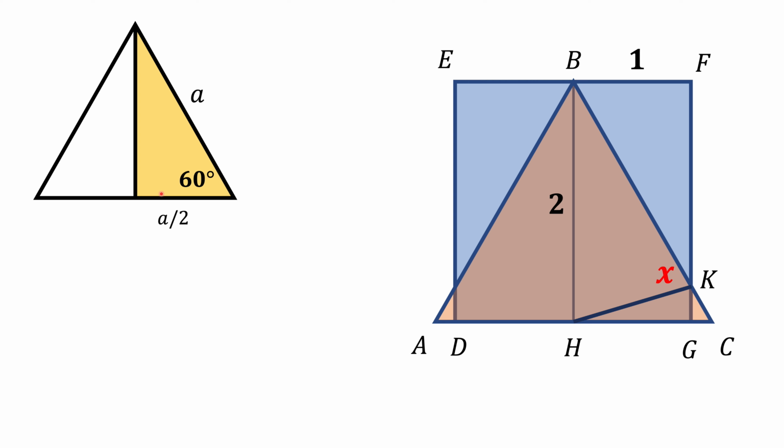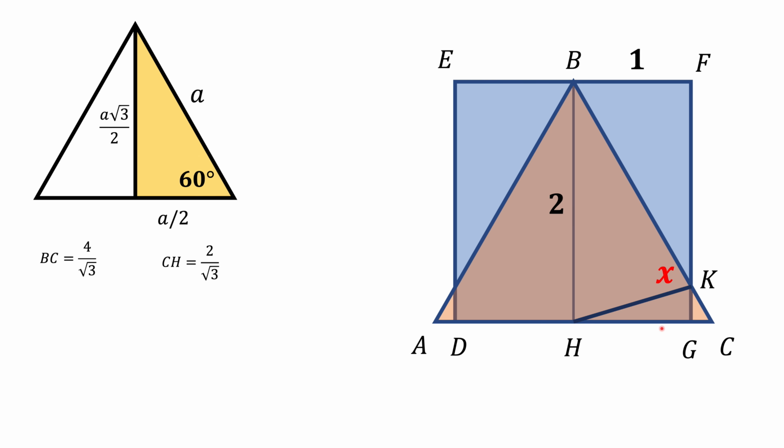The yellow triangle is a right triangle, so we can use the Pythagorean theorem to calculate the third side, and that will be A square root of 3 over 2. Now we know A square root of 3 over 2 equals 2 in our case, so we can calculate A, or BC, which will be 4 over square root of 3. And CH will be half of that.